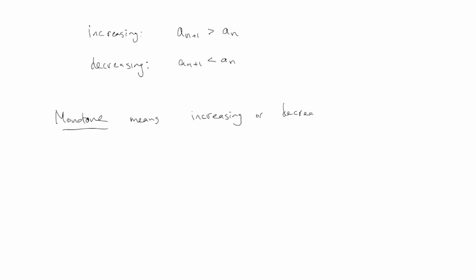It's just kind of a pain to say increasing or decreasing over and over again, because whatever you can say about a sequence which is increasing, you can basically say the same but opposite thing about a decreasing sequence. So there's one word to encompass both of those things, and that is monotone. Sometimes people say monotonic, but monotone just means the sequence is either increasing or decreasing.